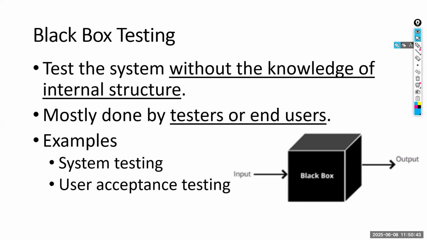For correct input, are we getting correct output? So this is how we do system testing, user acceptance testing, and so on. Mostly, initially these tests are done by the development team, but later mostly by QA engineers. And finally, end users will do the testing.